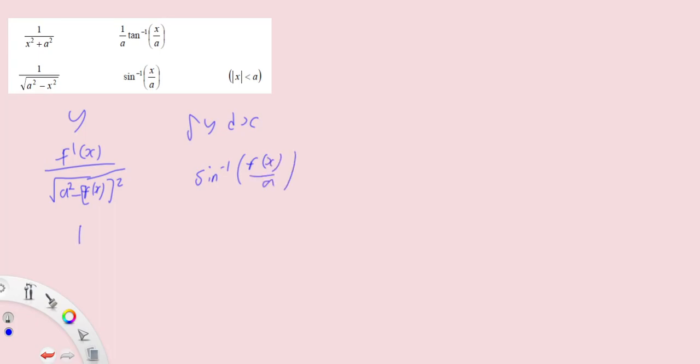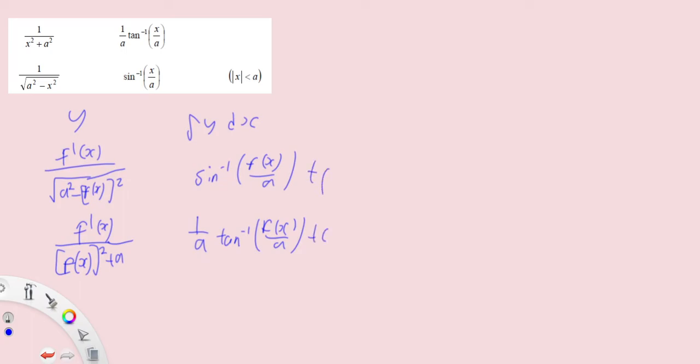Then if we have f prime x over f(x) squared plus a squared, we will have 1 over a tangent inverse f(x) over a, and these will be our two integrals, obviously not forgetting our plus c's.